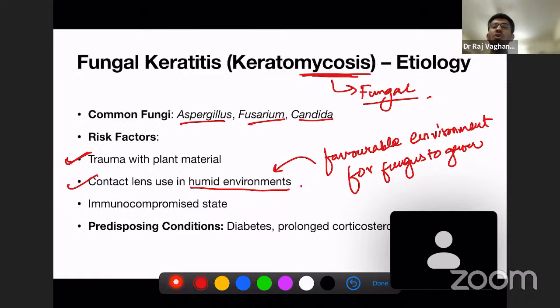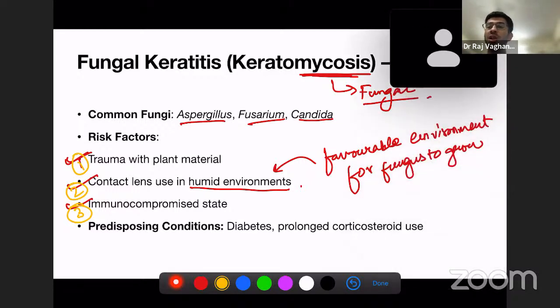And an immunocompromised state. These are the risk factors: first, trauma with plant material; second, contact lens in humid environments; third, an immunocompromised state. Now, what are the predisposing conditions? Predisposing conditions include diabetes and prolonged corticosteroid use.